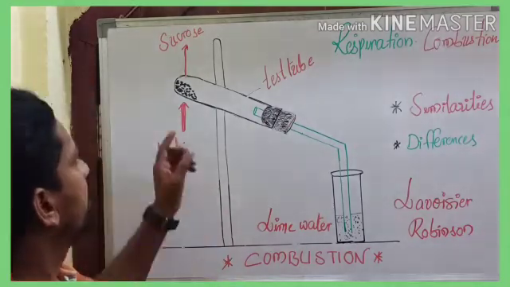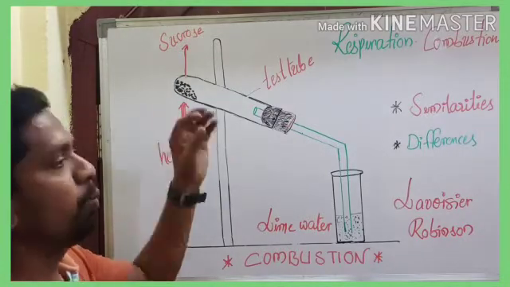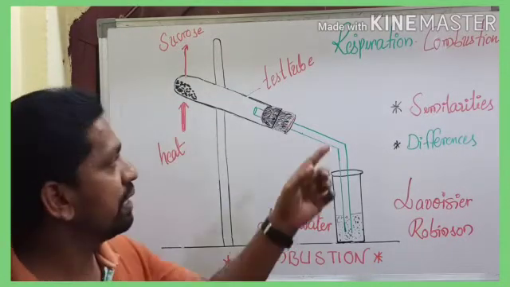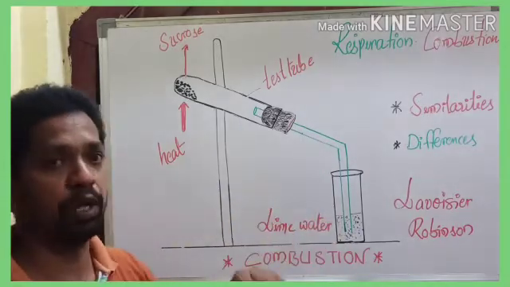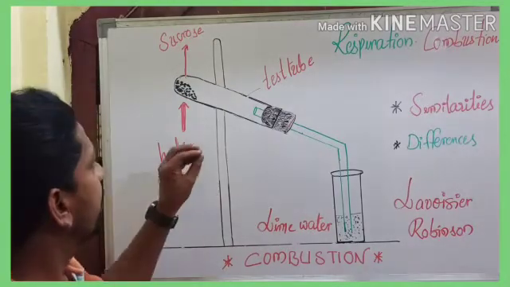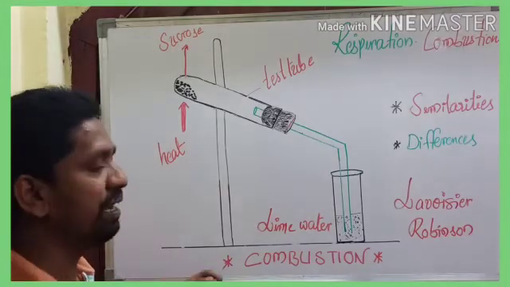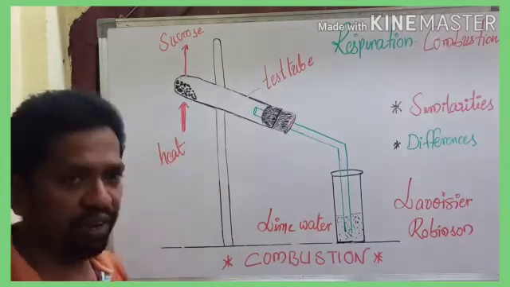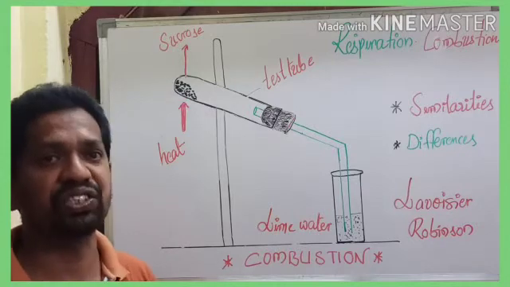In combustion, first the sugar turns blackish in color. In respiration, in all organisms, in every cell, sugar does not turn blackish in color. In combustion, heat is produced at a single stage, a huge amount of energy in the form of heat.